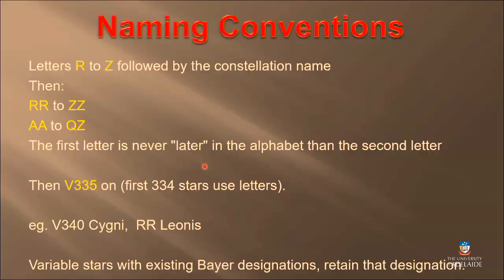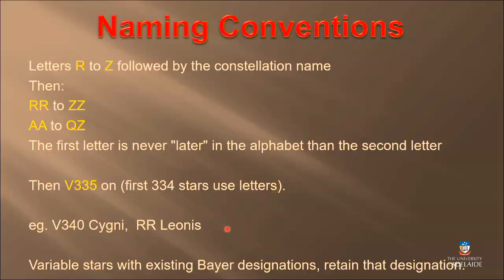Now there's a bit of a complex naming convention with variable stars. We use letters R to Z, followed by the constellation name. Then when we run out of letters there, we then go to RR to ZZ. And when we've run out of letters there, then we go to AA to QZ. The first letter is never later in the alphabet than the second letter.